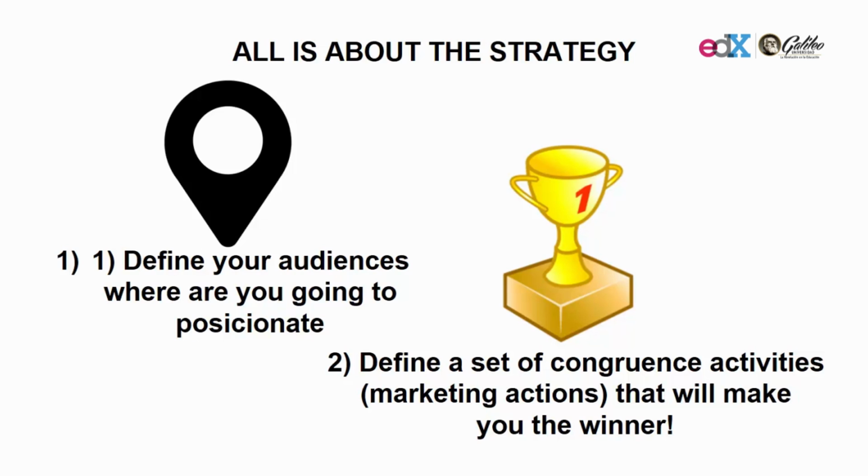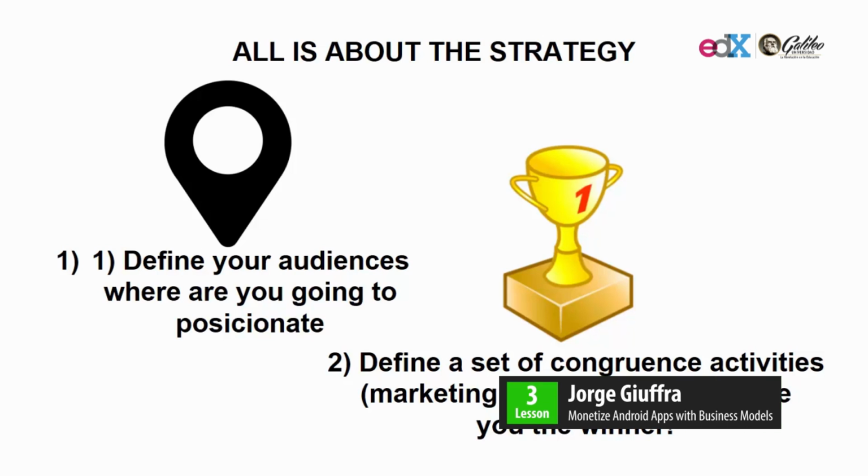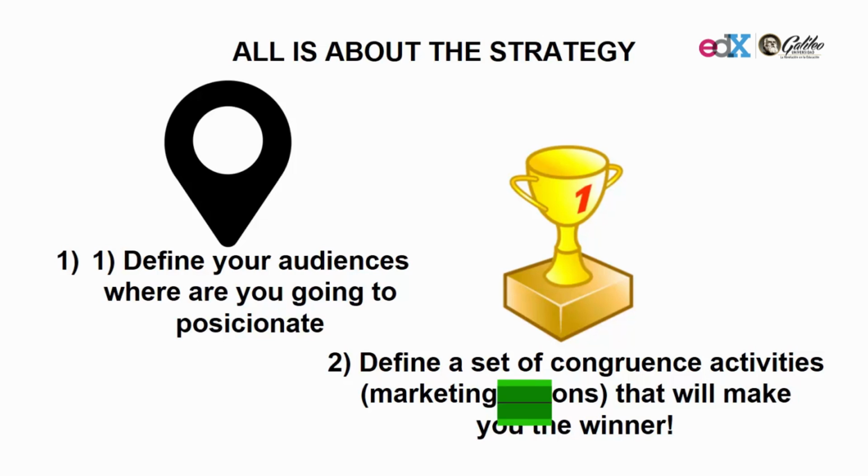The second part is to define a set of congruent activities, marketing actions that will make you the winner, okay? So now you have to have a clear path of the actions that you are going to take in order to win the battle, in order to acquire a large amount of users that have a great retention in your app and that will give you a lot of revenue.